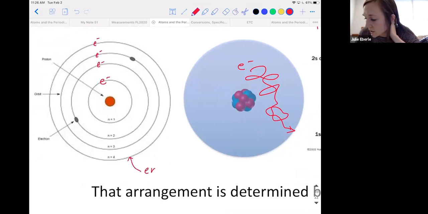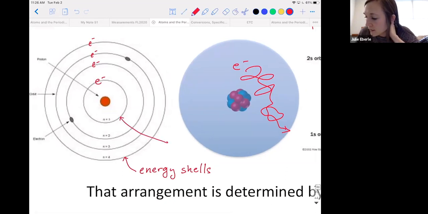The actual word they use is shells, energy shells, okay? So this would be energy shell 1, and this would be energy shell 4, as you count. All right, questions so far about this?